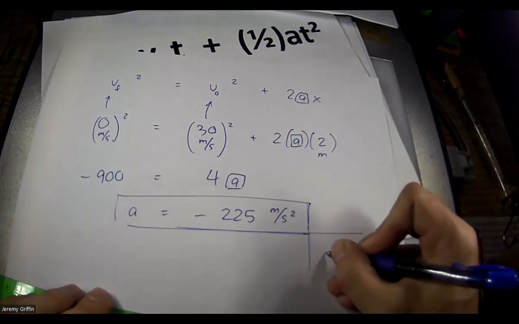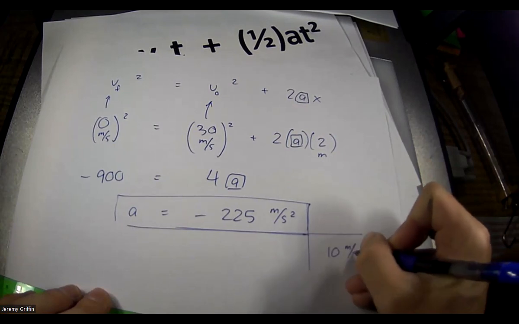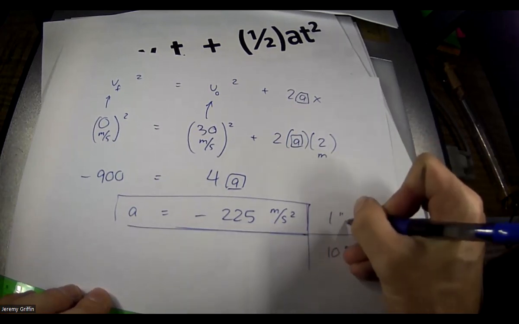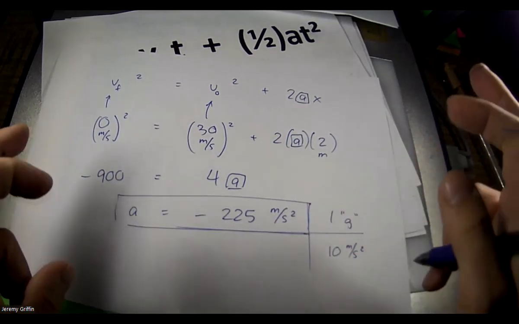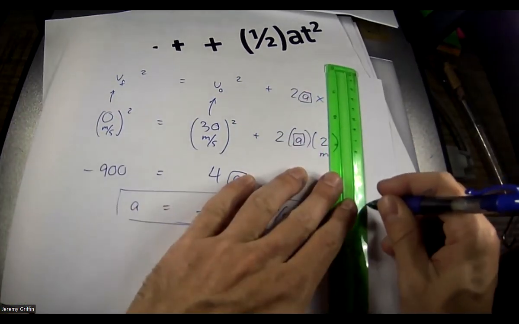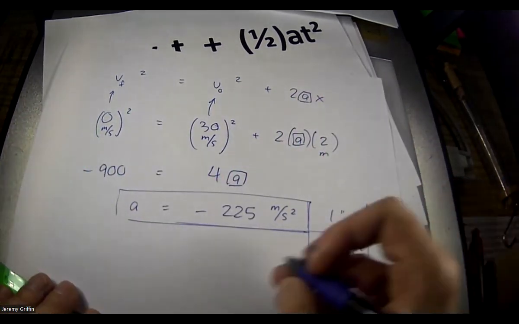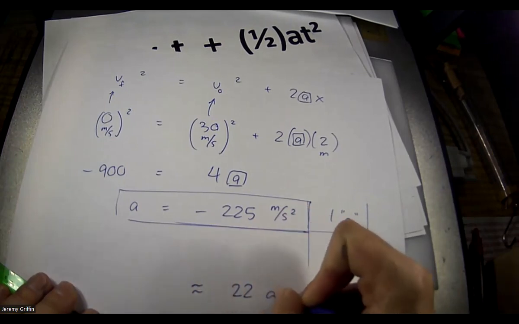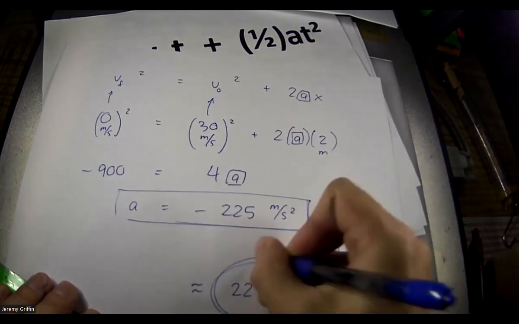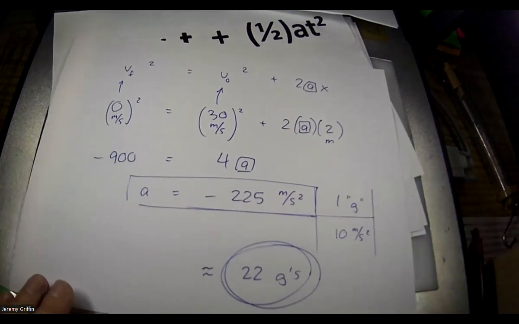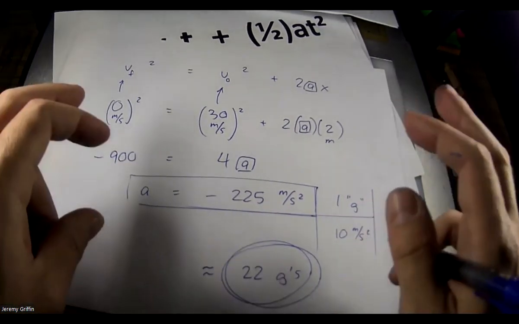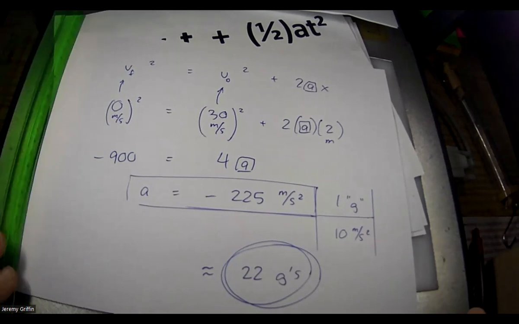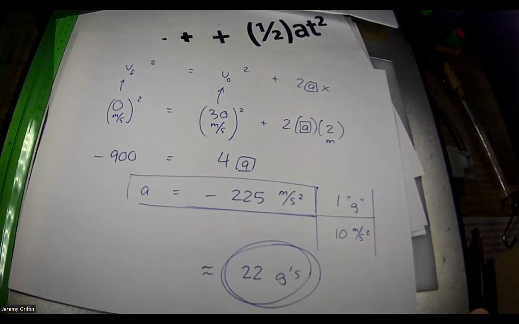You guys think every about 10 meters per second squared represents 1 Earth G, 1 G-force? You guys remember these railroad tracks, dimensional analysis? Is that going to be about 22 G's? 22 G's? Okay. Hey, how many G's can the human body withstand? How many can you go up to?